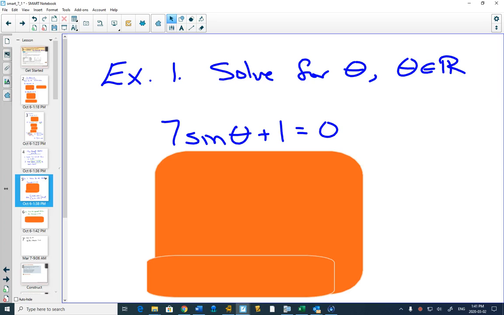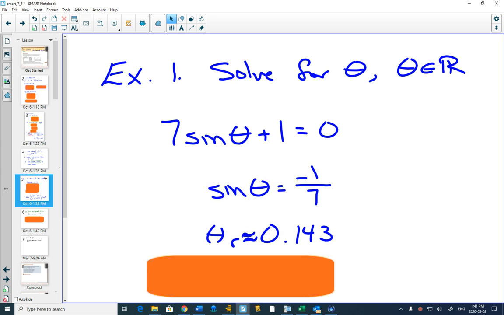This would be a calculator one. So according to our new steps that we just wrote down, we would solve it like normal from 0 to 2 pi. So I would get sine by itself, do sine inverse of positive 1/7 to get my reference angle.